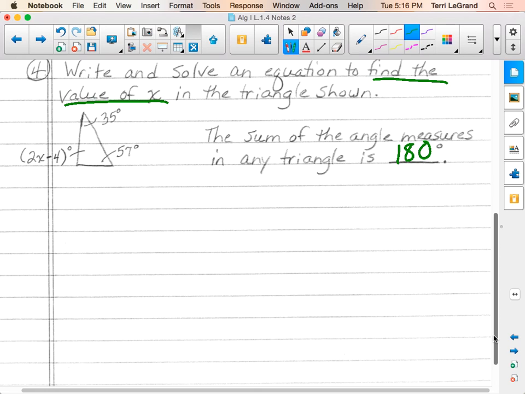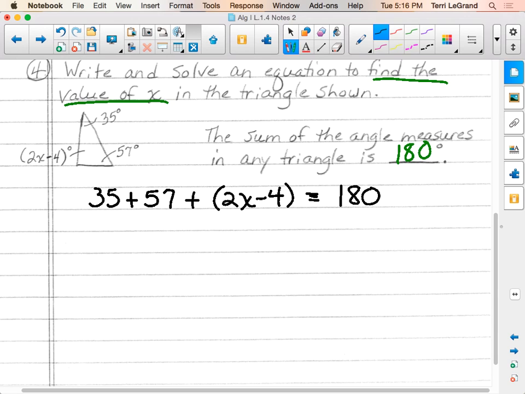If we can set up an equation adding those three angle measures together and set it equal to 180, that should be a good start. So we're going to take that 35 and that 57 and that 2x minus 4, and we're going to add them, set up an addition problem, set equal to 180.